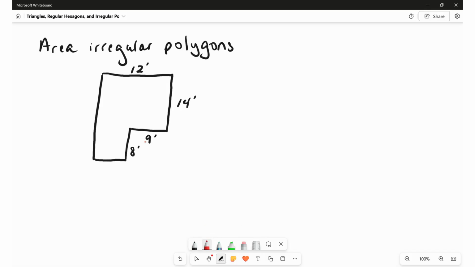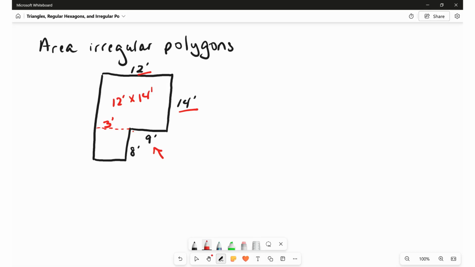I personally think that it makes the most sense to just kind of split this up right here, because then we have 12 feet by 14 feet here. Because we have our base and our height. And because this is 9 feet, we now know that this little piece here has to be 3 feet.